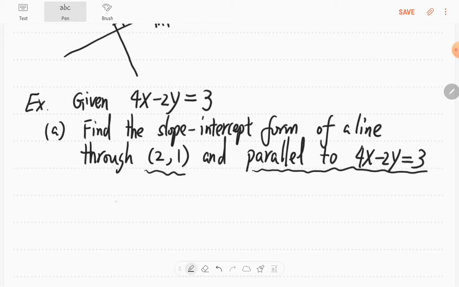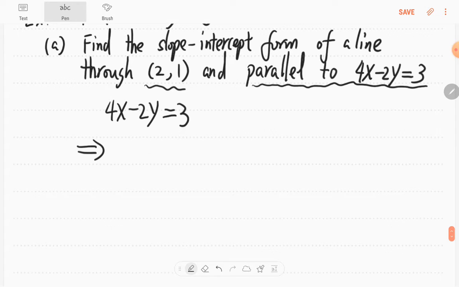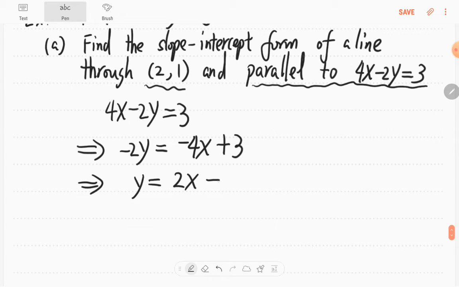So now let's look at this one. Let's write 4x minus 2y equals 3. Let's solve it for y. We subtract 4x on both sides, so it would be negative 2y equals negative 4x plus 3, right? Then we divide by negative 2. So y equals 2x minus 3 over 2.